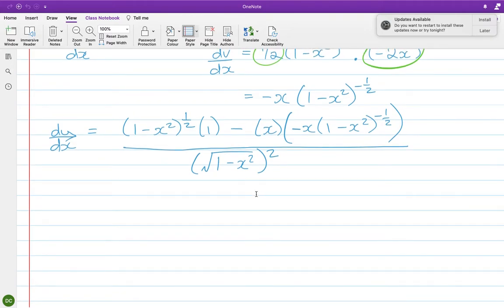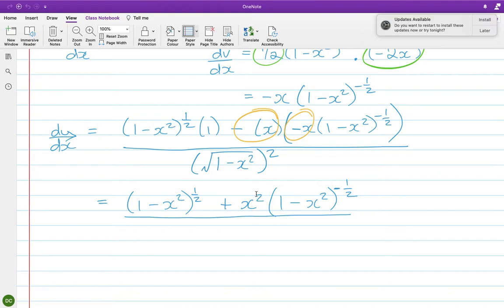Okay. So 1 minus x squared to the power of a half by 1 is just that. And the next one then, if I multiply this by this, I get plus x squared by 1 minus x squared to the power of minus a half over, and that bottom line, the square and the square root will cancel, so it's just 1 minus x squared.